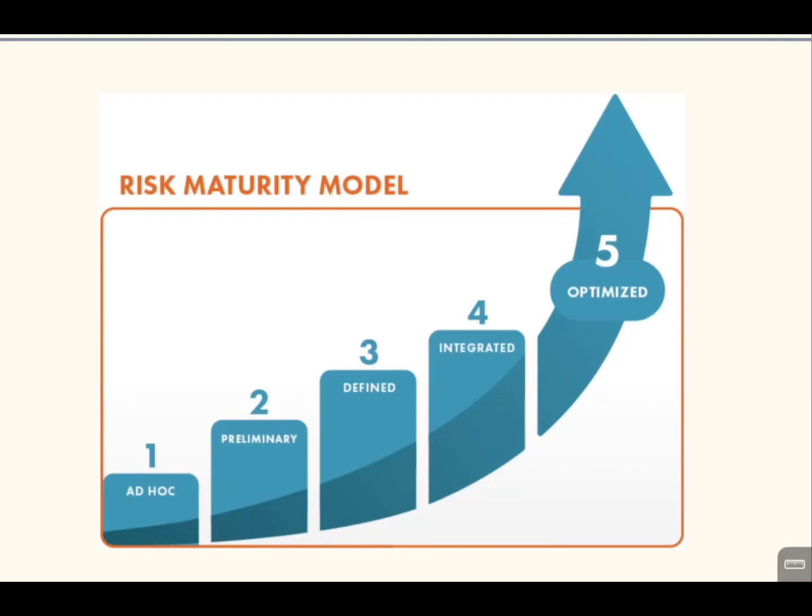In this session, we will discuss the risk maturity model. Before we discuss all these steps about the risk maturity model, ad hoc, preliminary, defined, integrated, optimized, as per this diagram, let me tell you the difference between RMM, risk maturity model, versus NIST 837 RMF, Risk Management Framework.